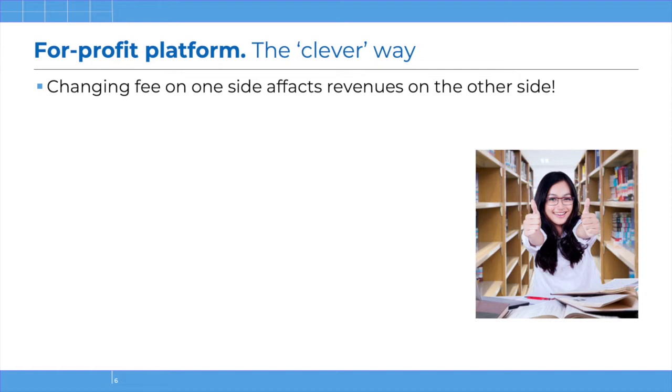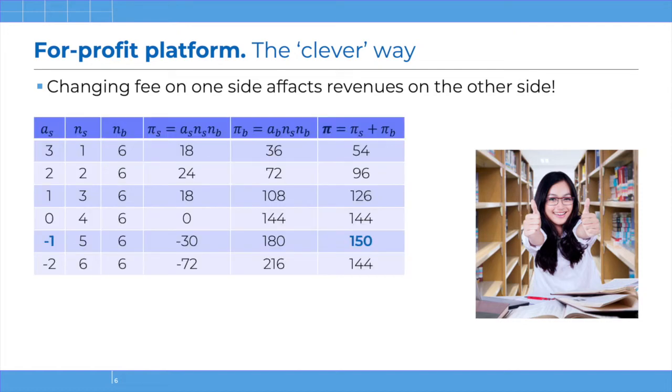Let's redo the analysis now by looking at the big picture, the total profit, not just the profit on the seller side, but also the profit on the buyer side. As I just said, changing prices on the seller side affects the profit that the platform makes on the buyer side. We were here from the last slide.